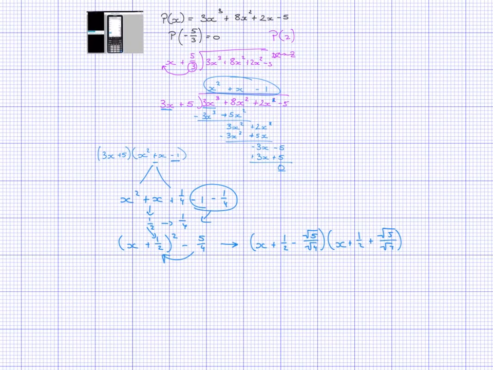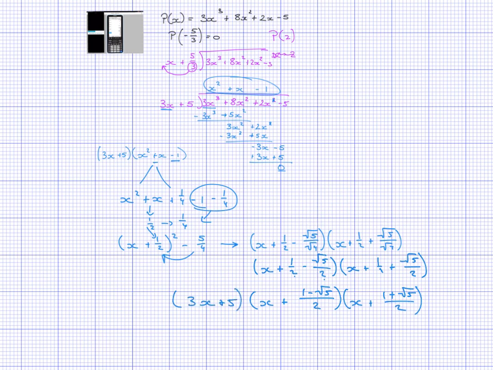Now I can simplify further by saying that x plus a half minus root 5 over 2 and x plus a half plus root 5 over 2. And then I notice that the denominators are the same, so I can actually create one fraction like so in each bracket like that, and then tack the third factor on at the start.